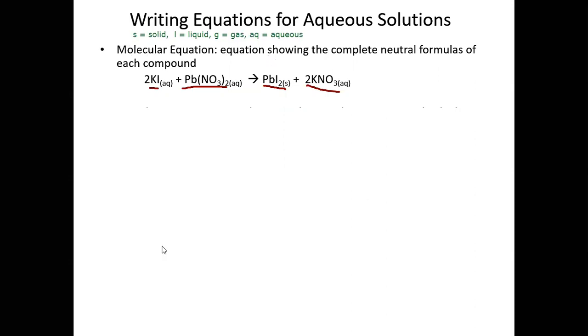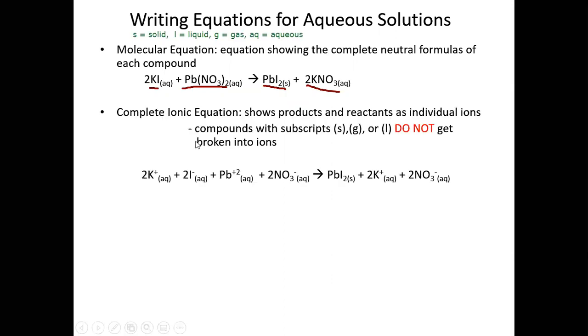Now what we can do with the molecular equation is we have something called the ionic equation. To go from the molecular equation to the ionic, or what they call the complete ionic equation, or sometimes the total ionic equation, we show products and reactants as ions. Those reactants and products that have AQ next to them get broken apart.